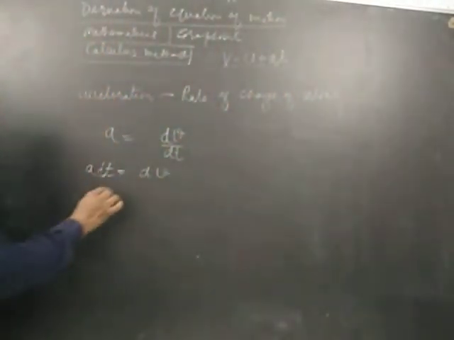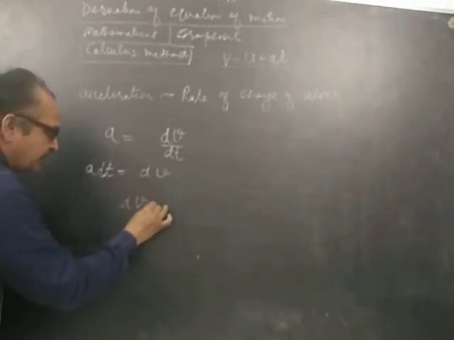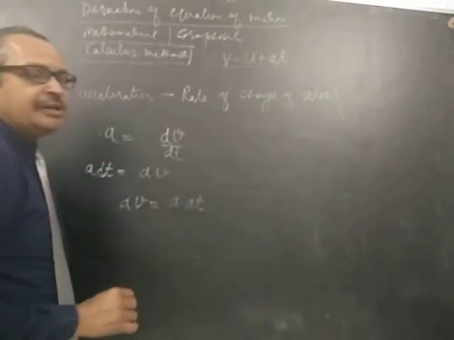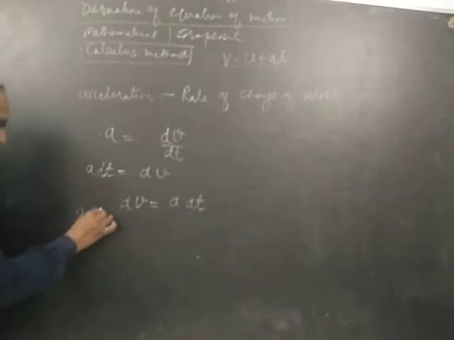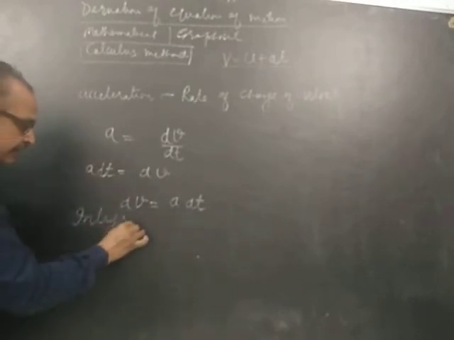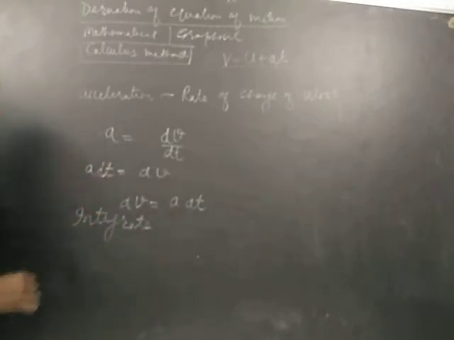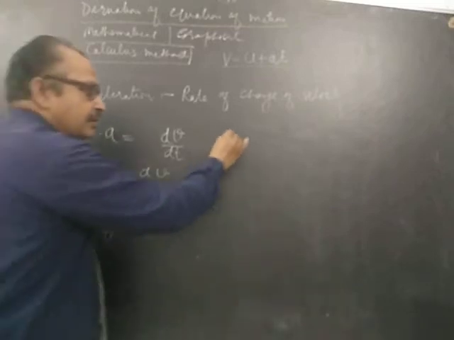That is very good. So just simply write it like this: dv is equal to a dt. Now what we will do? We will integrate.